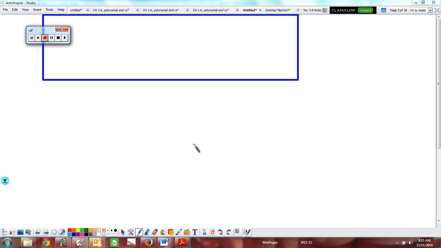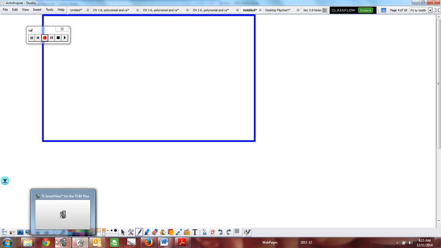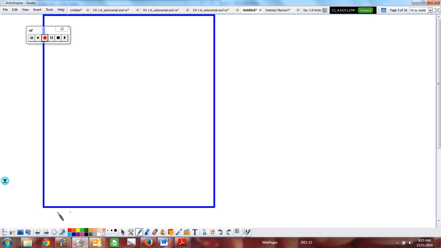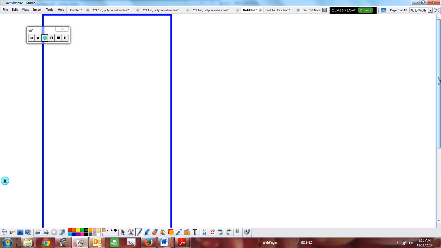So when you take a look at this, let's go 1 second later in time. Here's my original rectangle at some instant in time. I don't know when, and I don't know what my length and my width are. The next second, it looks like this. What happened? My length got smaller and my width got larger because of the rates that they gave me. If I go 1 more second, the length got smaller, the width got larger. Go 1 more second. And so each time we do this, we see that our rectangle is changing with respect to time.